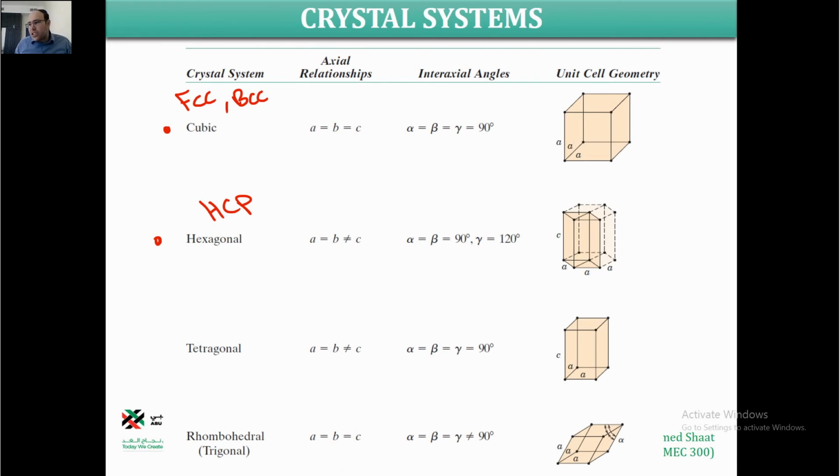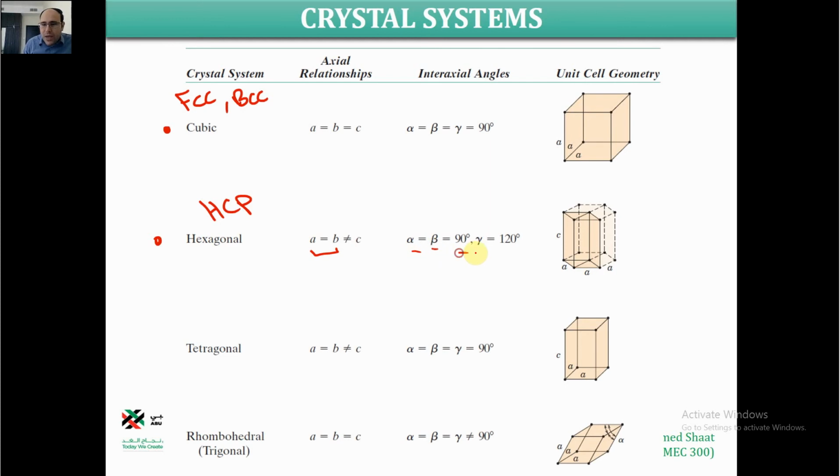In the hexagonal crystal system, what is common between all of them? What is common between these different hexagonal crystal structures is that A and B, the side edge parallel to the x-axis and the one parallel to the y-axis, are both equal, but the one parallel to Z is unequal to A or B. So A and B are equal sides, but C is a different side.